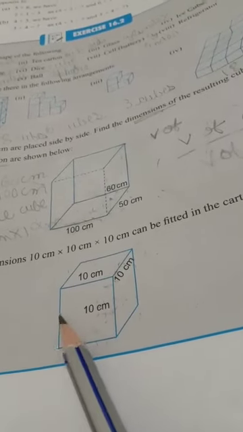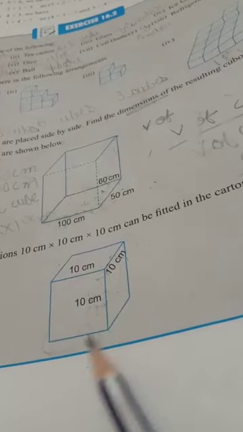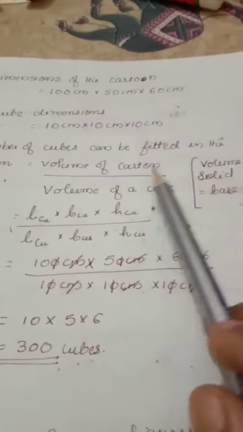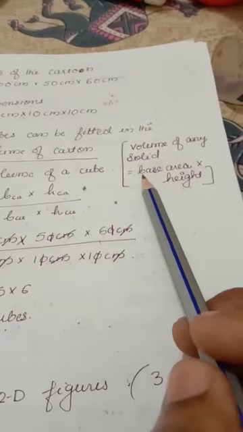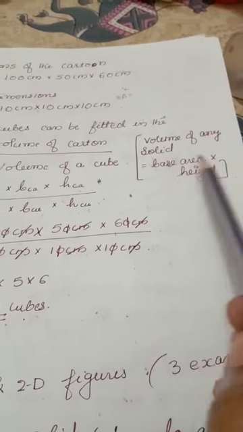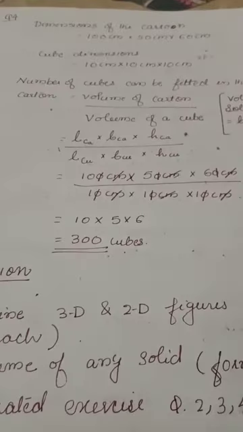Here also the base of the cube is a square shape. Square length and breadth are the same, 10 into 10. Height also 10. So if you forget the formula, you can derive it yourself. Volume of any solid you can get from base area into height.